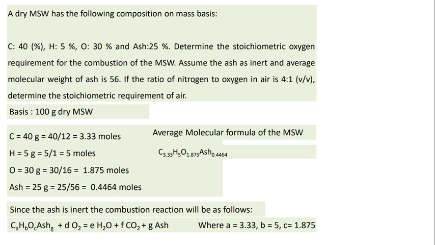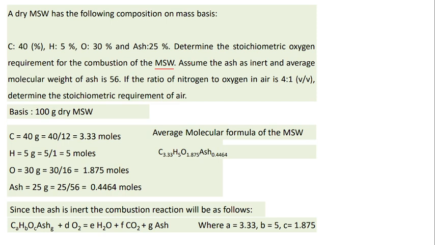So here you are using the municipal solid waste and you are going to combust it. The typical composition of the waste is carbon, hydrogen, oxygen, and ash. We are using the municipal solid waste to combust it and produce the respective gases.